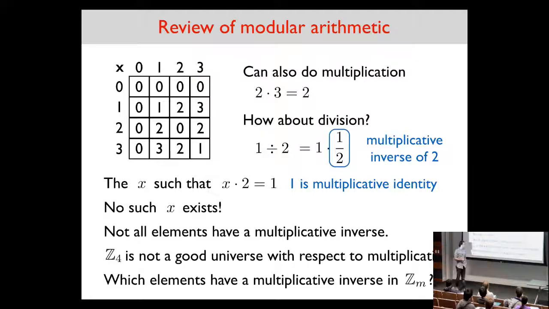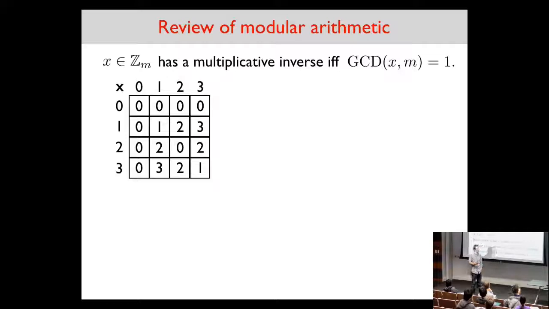So in general, which elements do have a multiplicative inverse, if we are working in Zm? We've all seen this last time. An element x in Zm has a multiplicative inverse if and only if the greatest common divisor of that element x with m is equal to 1.